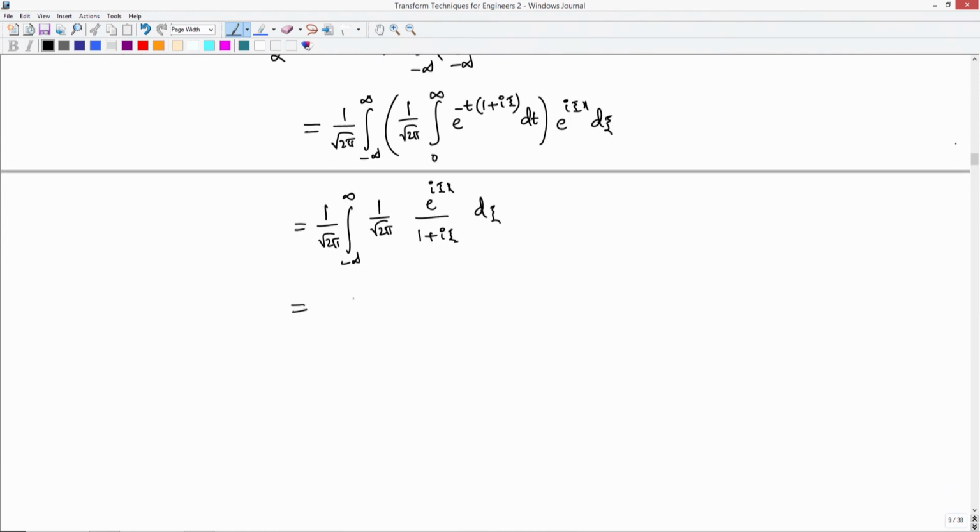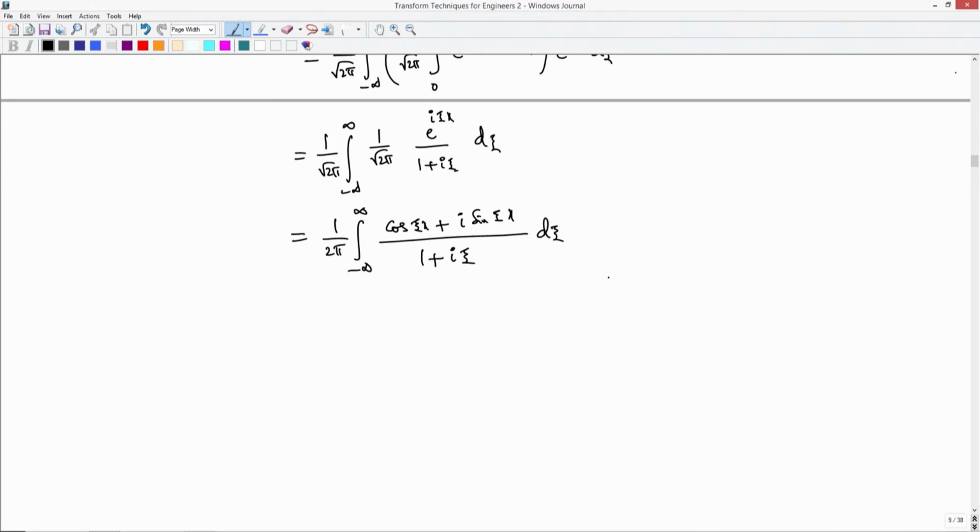This is equal to, you can rewrite, so you can write this as 1 by 2 pi integral from minus infinity to infinity. Now, you can write the exponential function e power i xi x as cos xi x plus i sin xi x, divided by 1 plus i xi, d xi. So, how do I make this real part?